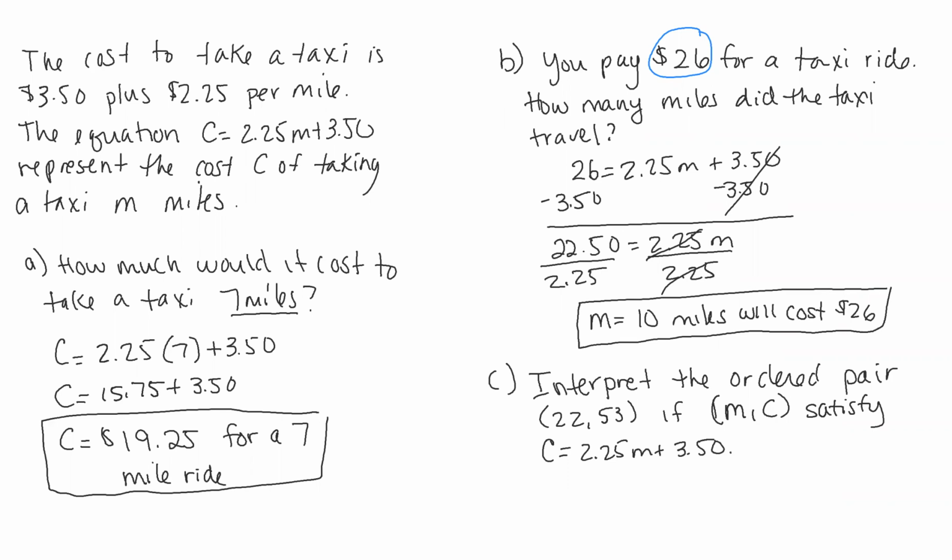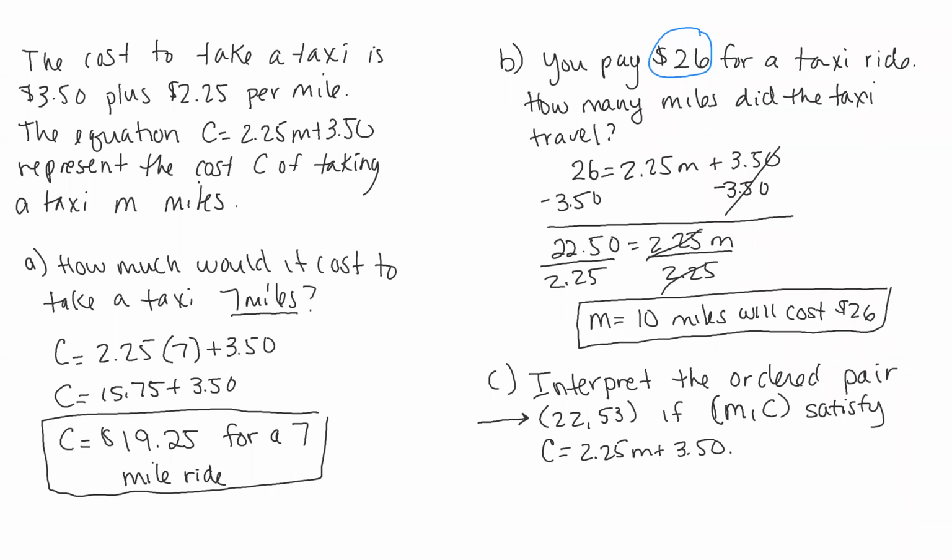So basically we're told that ordered pairs of the form M, C, so the first number is M, which means miles. The second value C is the total cost, or kind of like our Y's. So again, M equals miles, C equals cost. And these ordered pairs satisfy the equation C equals 2.25 M plus 3.50. What they want us to do is, hey, we've got this ordered pair 22, 53.